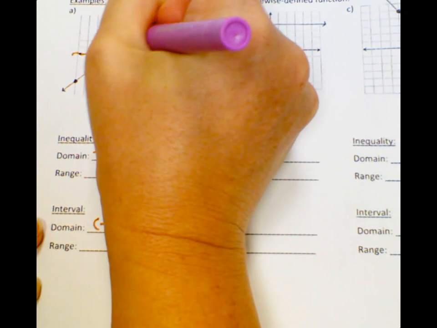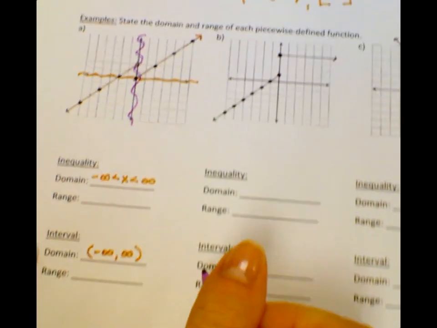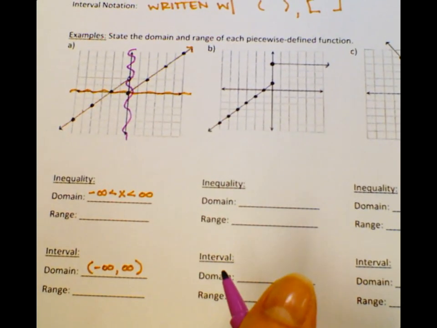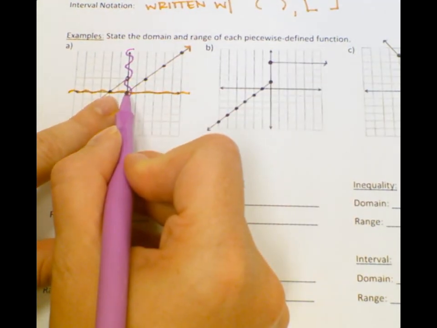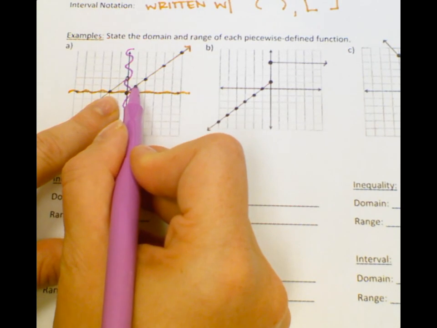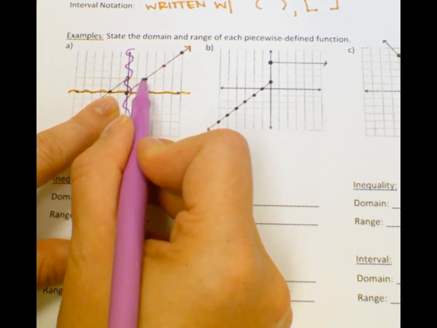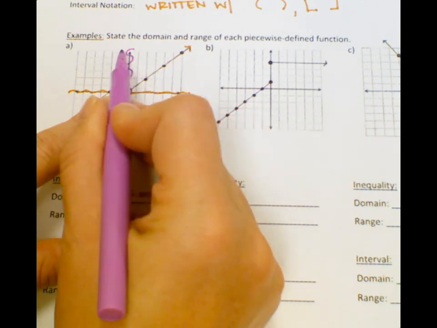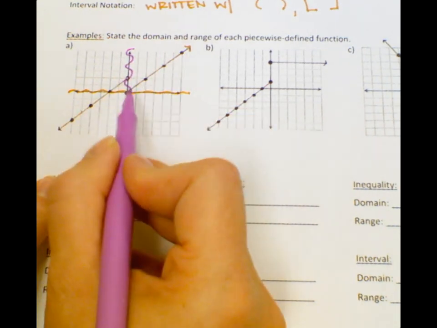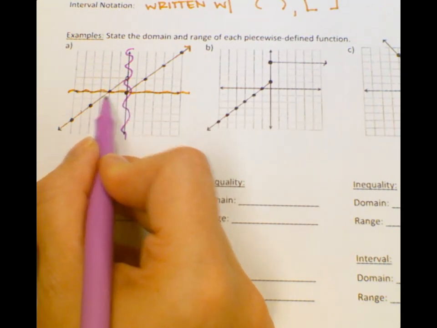All right, now let me switch pens. Here is your y. So again, let's check which numbers are on the y. Let's start at 0, and I'm going to do the positive first. So 0 is on the graph. Look, 1, 1's on the graph. 2, 2's on the graph. 3, 3, 4, 5, 6. So all the positives are on the graph. Now let's look at negatives. Negative 1, yep.